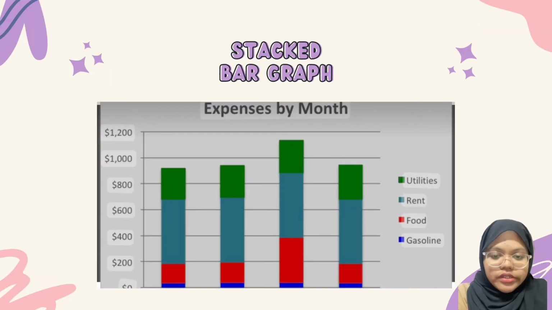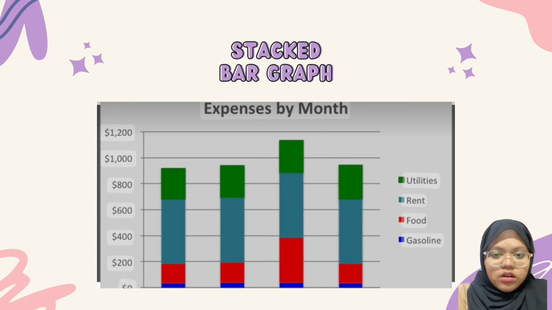Next, for the last type of bar graph, which is stack bar graph. Stack bar graph also represents various parameters in a single graph. The difference is that in a stack bar graph, all the parameters are represented in a single bar. So you can say that there are segments of a total in a single bar.